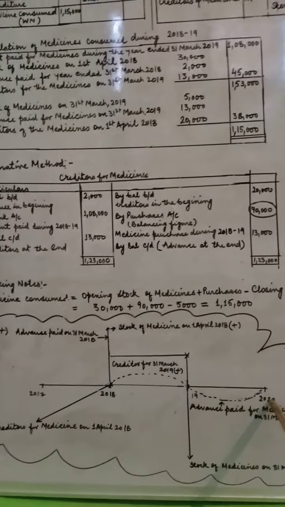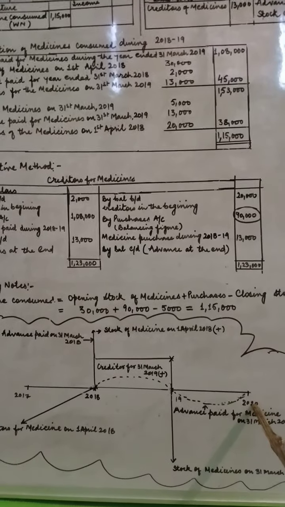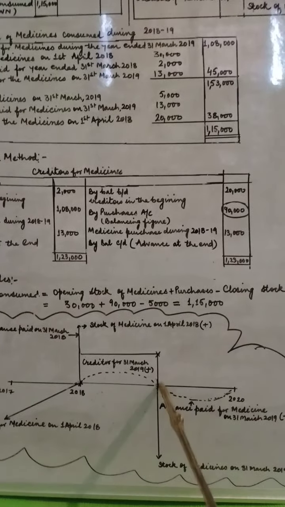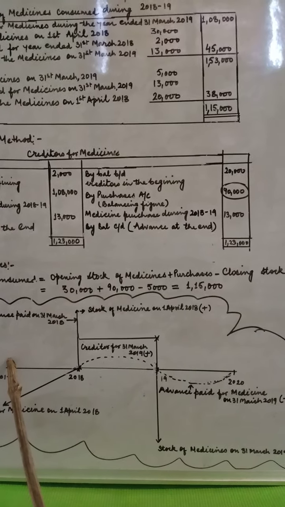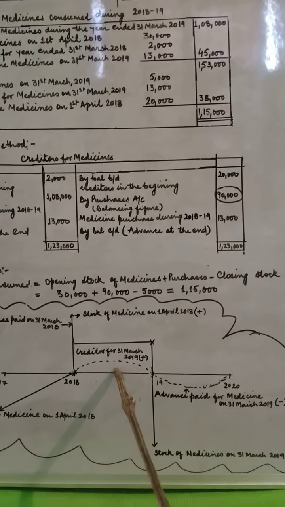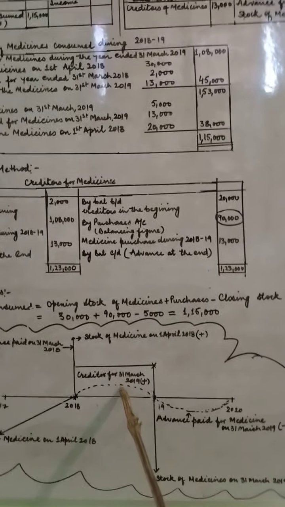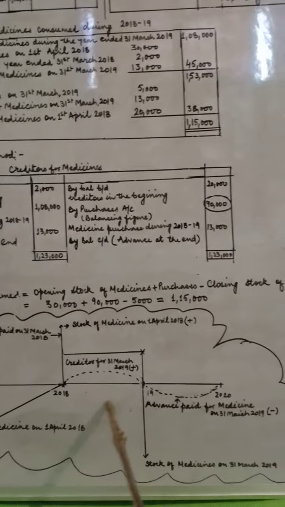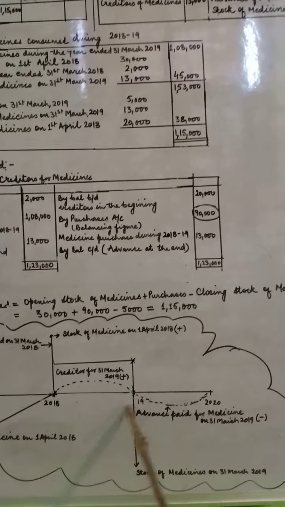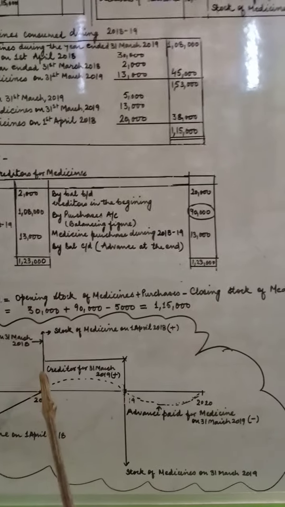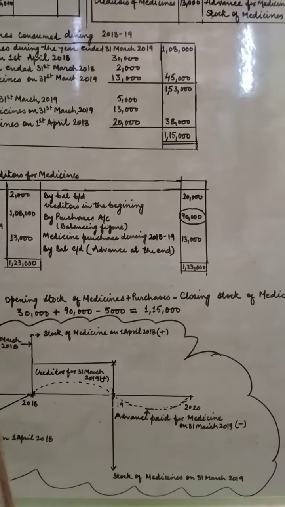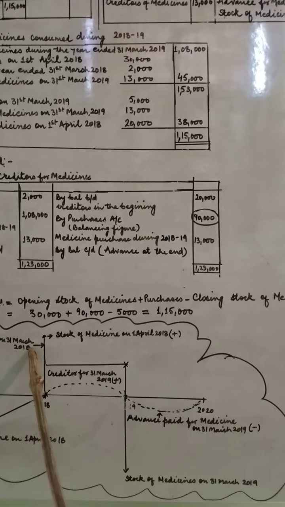So here there is some amount of medicine which is given as advance, some of which is given for the previous year, and we have to synthesize the amount which is actually related to your current year. So what we are going to do is, first, whatever advance was paid on 31st March 18.